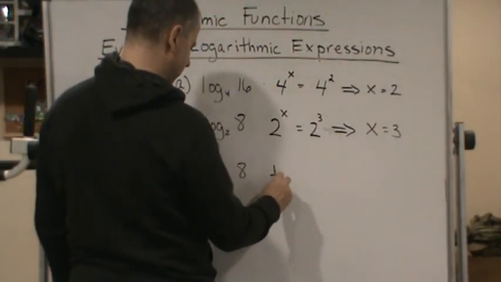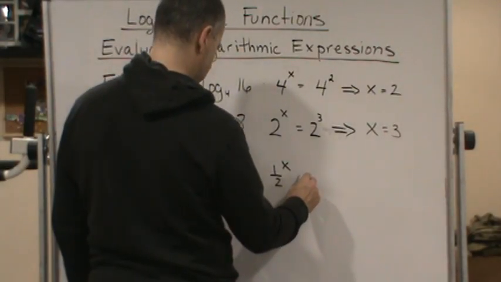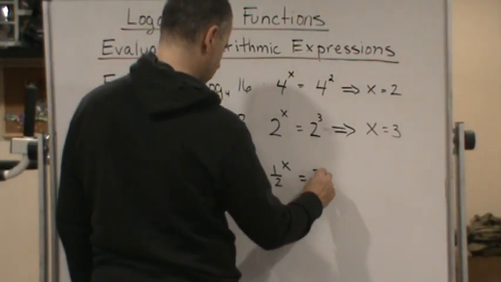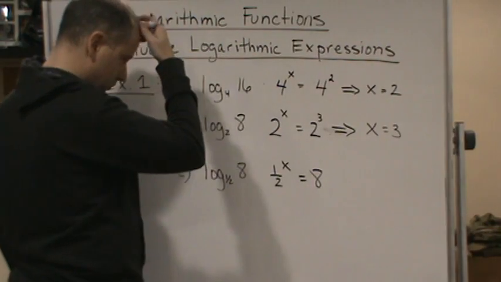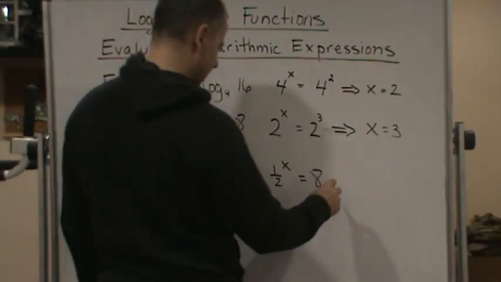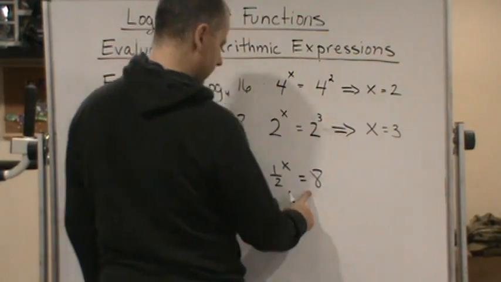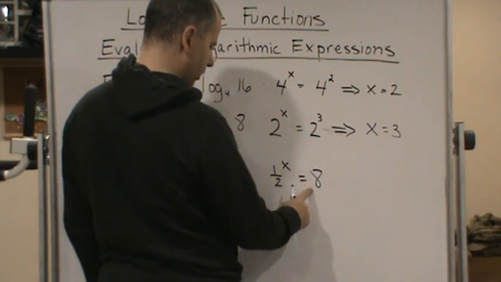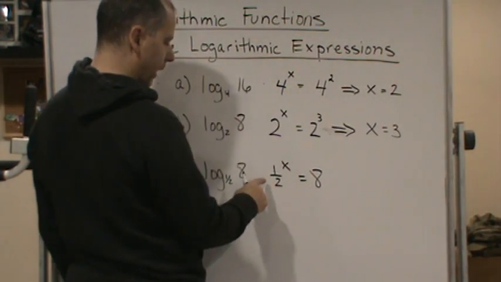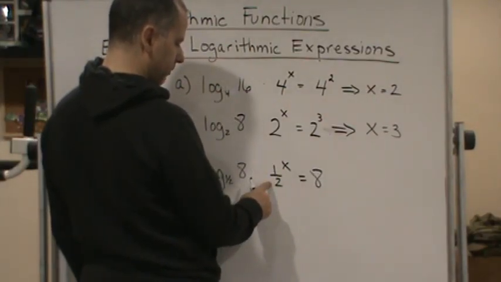That means 1/2 raised to what power equals 8? In this case, maybe you even know that if I raise 1/2 to the third power, that's going to give me 1/8.